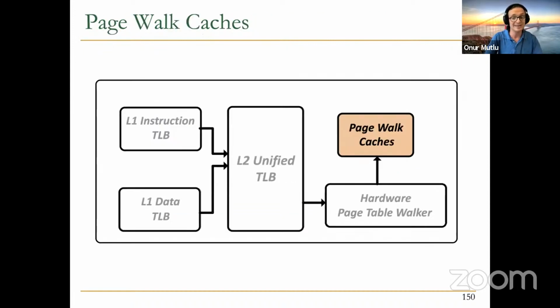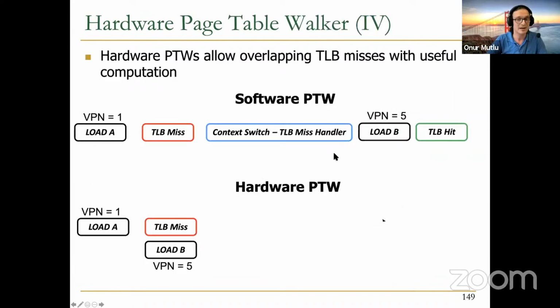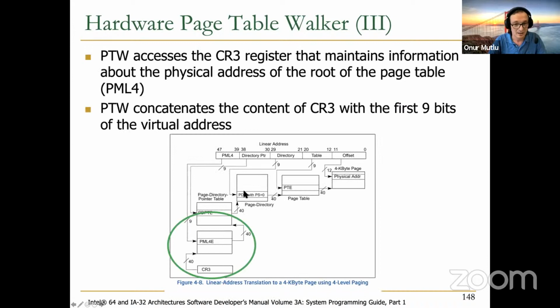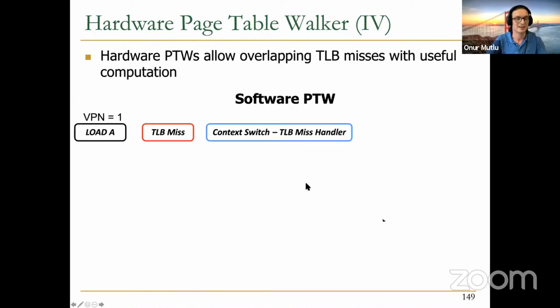Okay, finally, to aid this hardware page table walk, there are page walk caches. As we discussed, it's different from the TLBs because TLBs cache the page table entries, the leaf nodes in the last level page table. Page walk caches cache stuff, going back to this picture, from essentially all of these other levels, not the real page table entry that you're looking for.